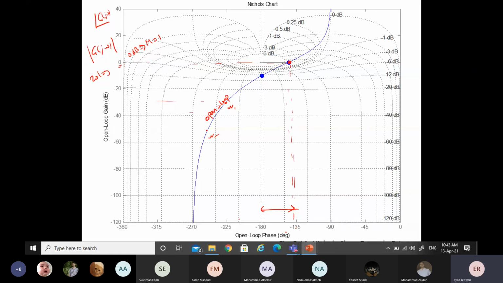I can drop down and read the angle. For example, it's minus 135. Then the distance from here to here, to bring the angle to minus 180, I have another 45 degree phase margin.